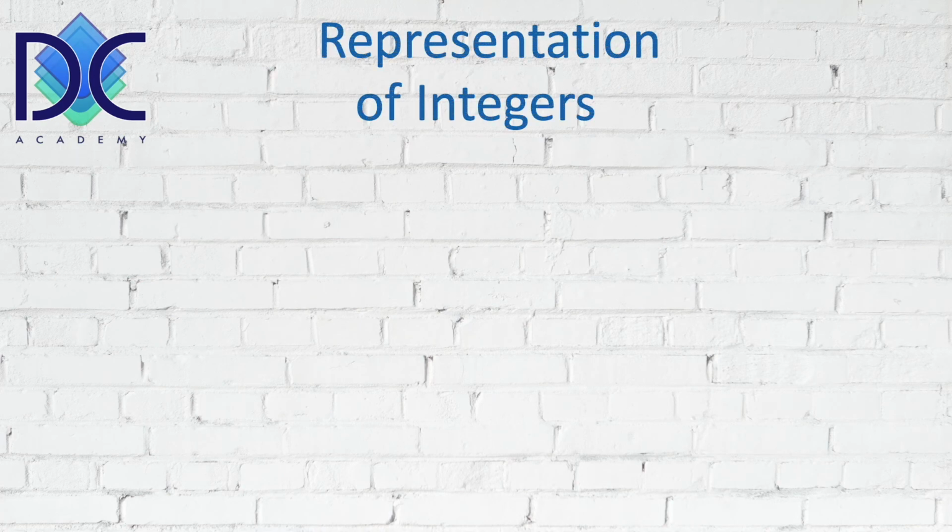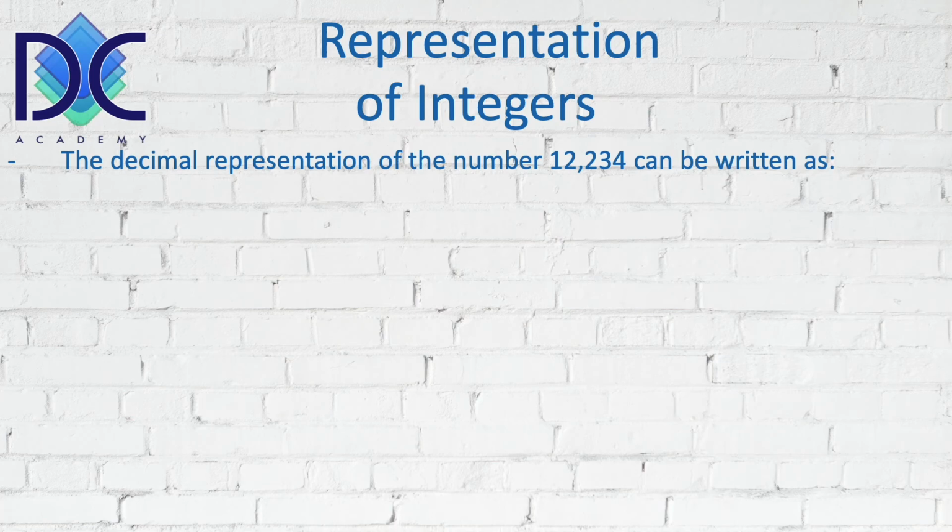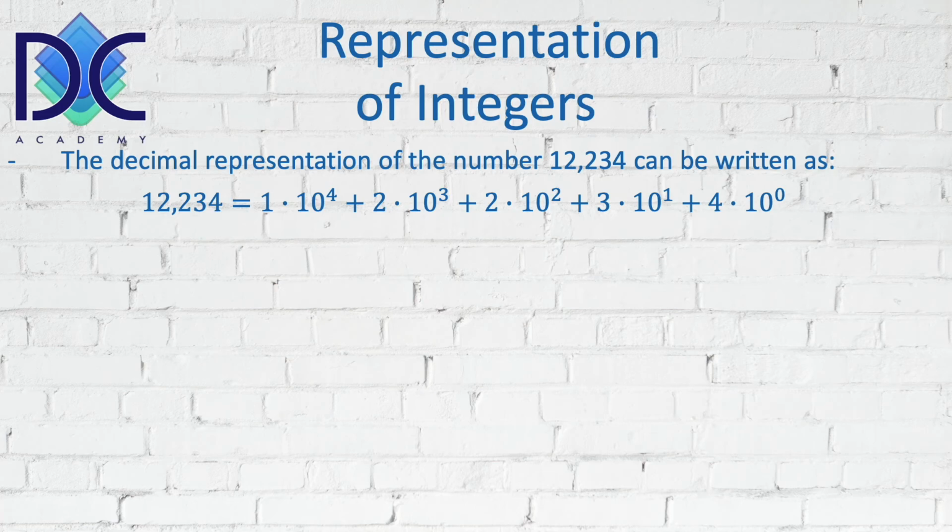Let's have a look at the representation of integers. The decimal representation of the number 12,234 can be written as 1 times 10 to the power 4, which is 10,000, plus 2 times 10 to the power 3, plus 2 times 10 to the power 2, plus 3 times 10 to the power 1, plus 4 times 10 to the power 0.